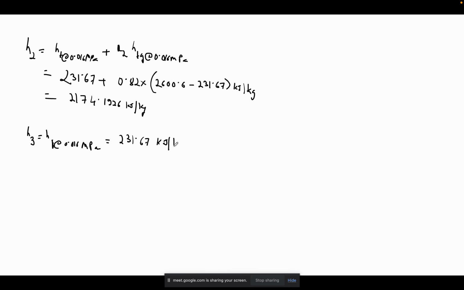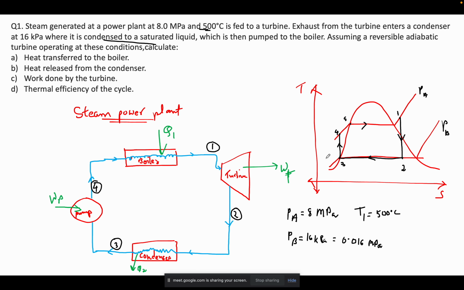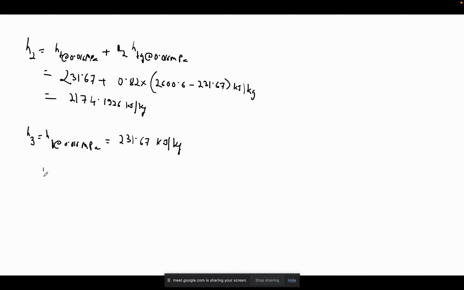Now how will we calculate H4? Because this state is purely a liquid state, and the x1 HF plus x HFG approach will not work here, since it is only for the region in between the two. So we know that pump work is equal to minus the integration of VdP from P1 to P2.